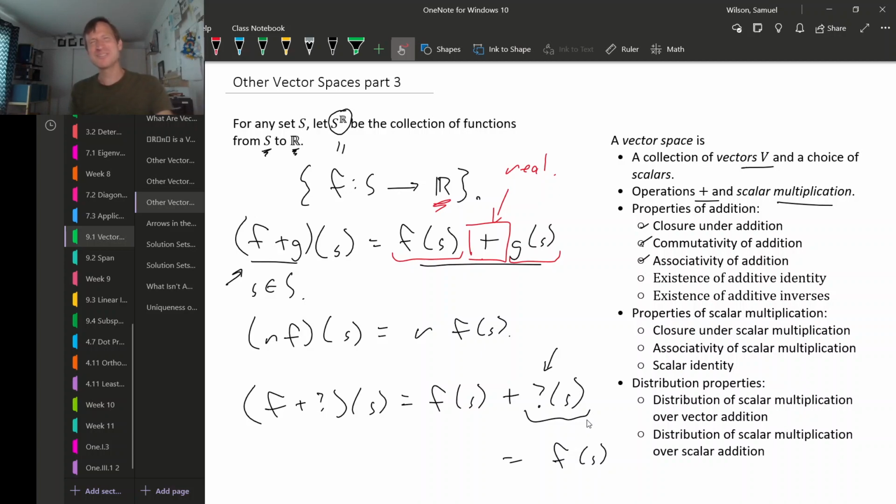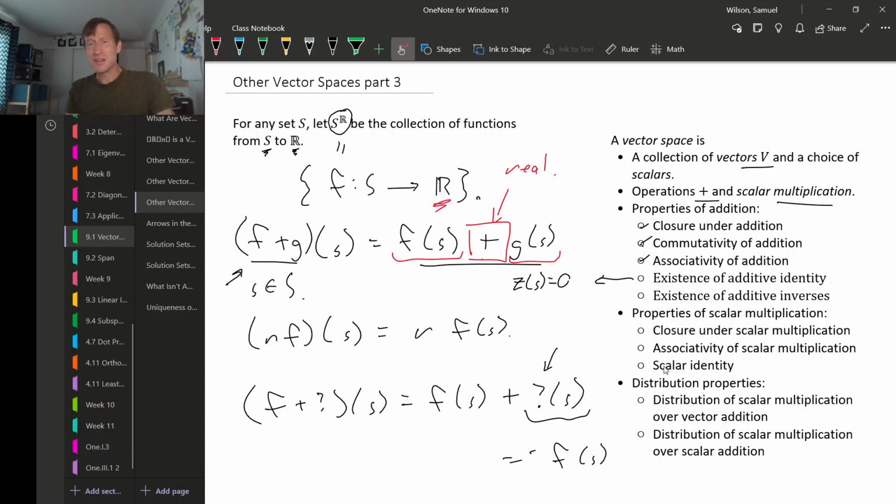But of course, that's what counts as the 0 function. It's the function that is just always 0. So our additive identity is the 0 function, which I don't really want to write as 0, so maybe we could write it with a z. The function z, which is just always 0. For additive inverses, you're just going to stick a minus sign on your function, and then on every output of your function, and then you have additive inverses.